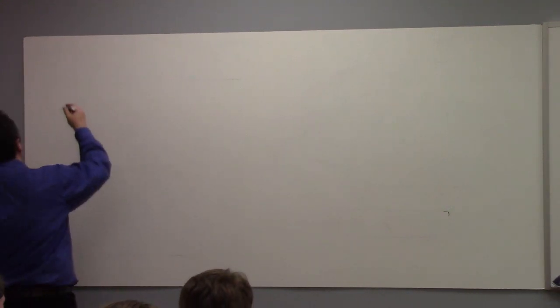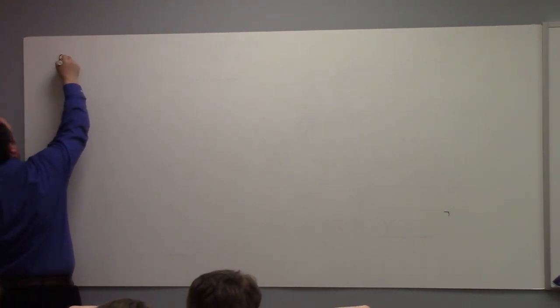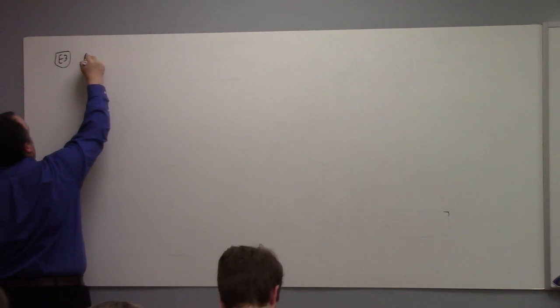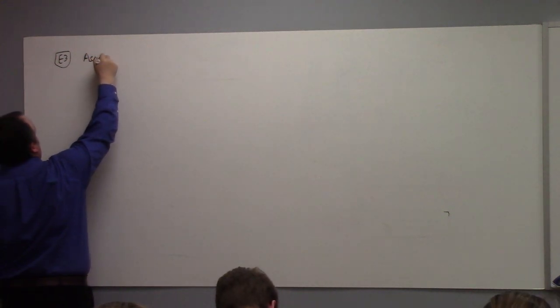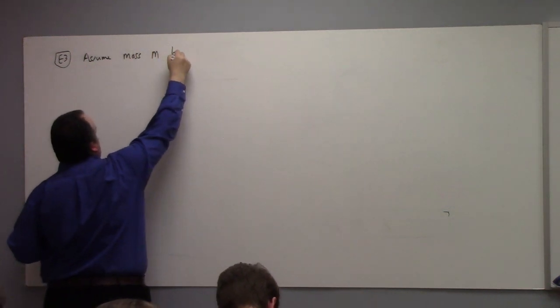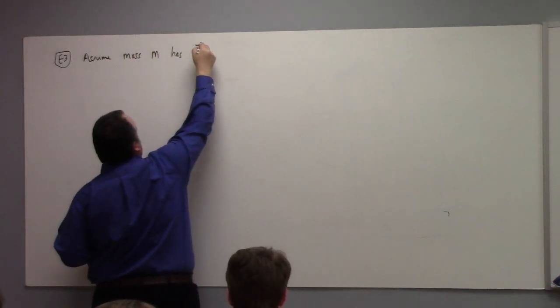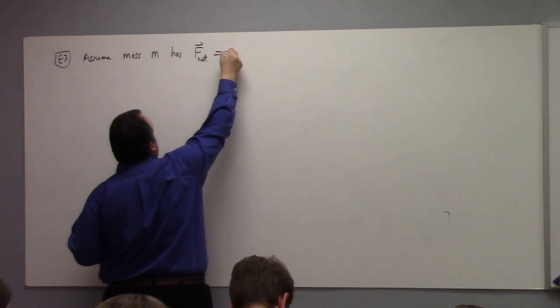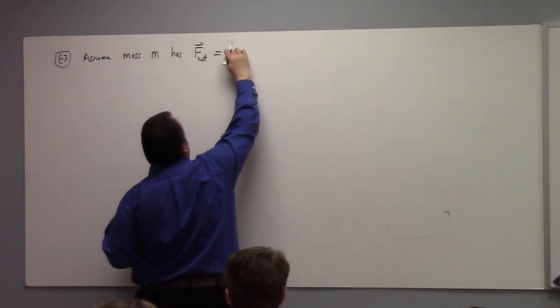One of the things that's weird about Newton's laws is it seems like the second law implies the first, right? So example 3: assume mass m has net force equal to 0.